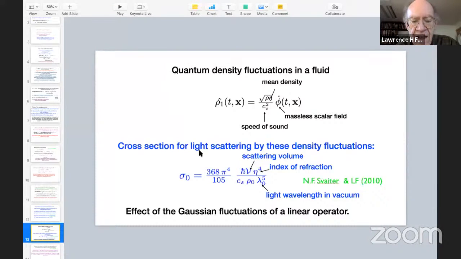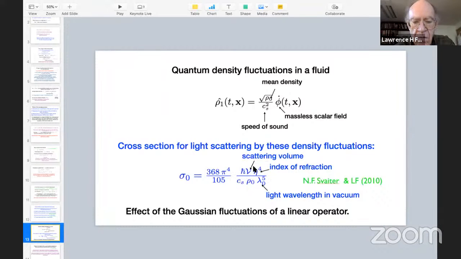Those will lead to light scattering, as I discussed in a paper some years ago with Nami Spider, where we showed that the cross section for scattering of light off of a fluid can be written in this form.